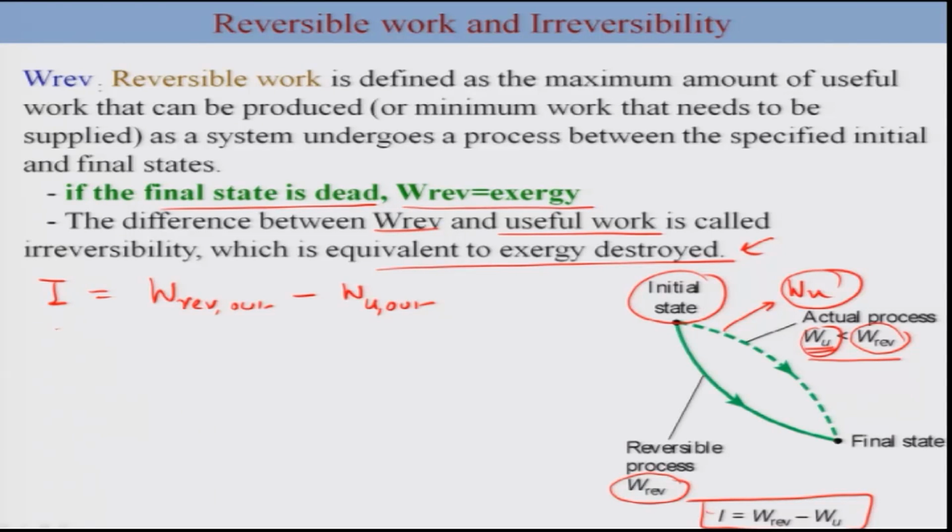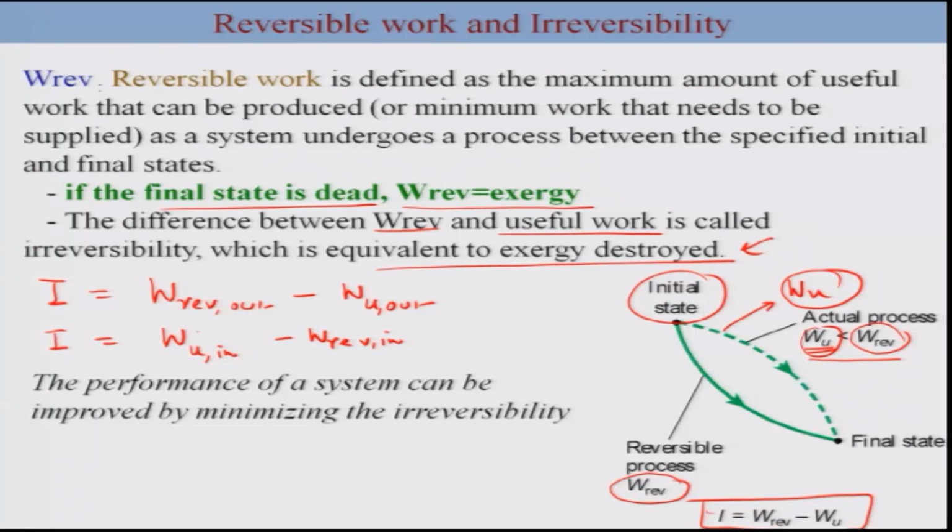For the case of a work consuming device, you can write this the opposite way, as W useful in minus W reversible in. The reason we have done this is that the W useful in is going to be more for a work consuming device compared to the reversible.